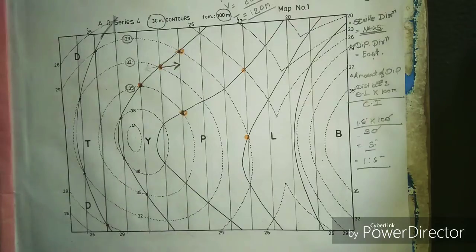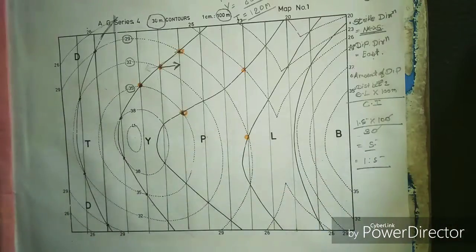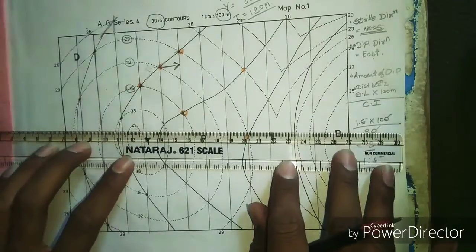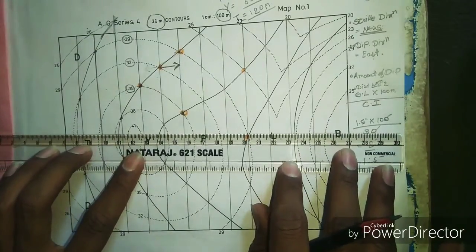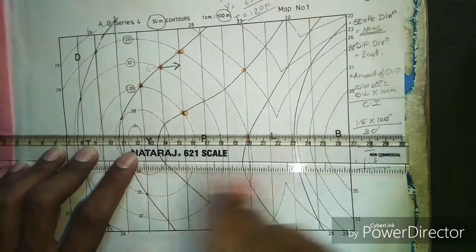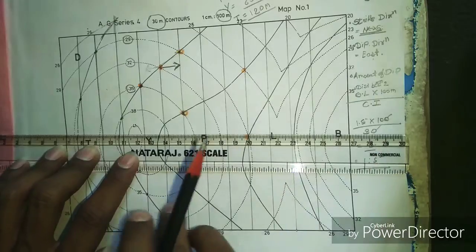So the next procedure for this map is that you have to draw an axis xy to plot the section. I will draw the axis xy in such a way that it will cover all the geographical features on this map.